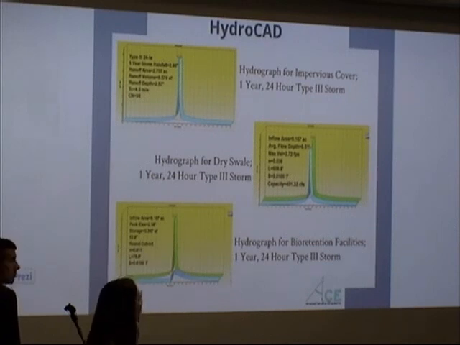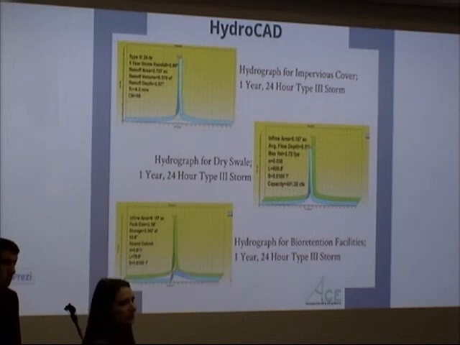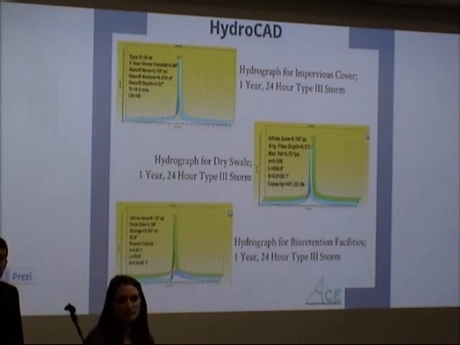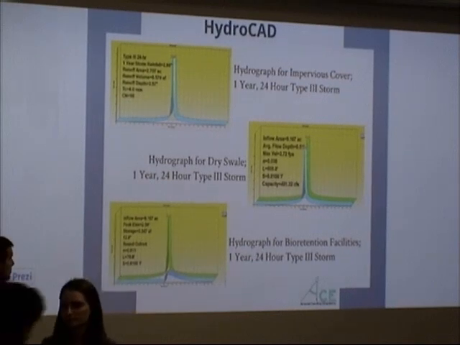You can see when the water enters our system with the impervious cover, there's a high peak flow. And by the time it runs through the system and exits the bioretention facilities, the peak is going to be low and more gradual. And I'm going to give it off to James for wastewater.